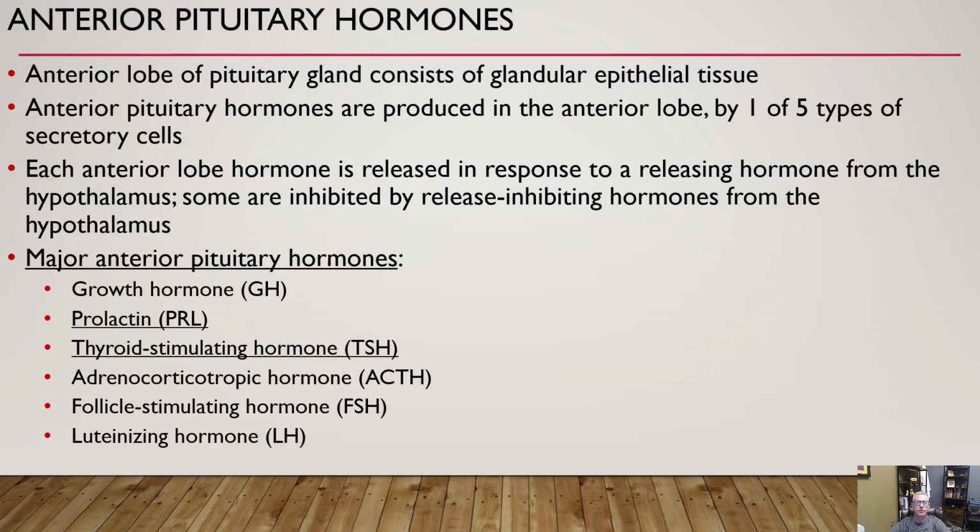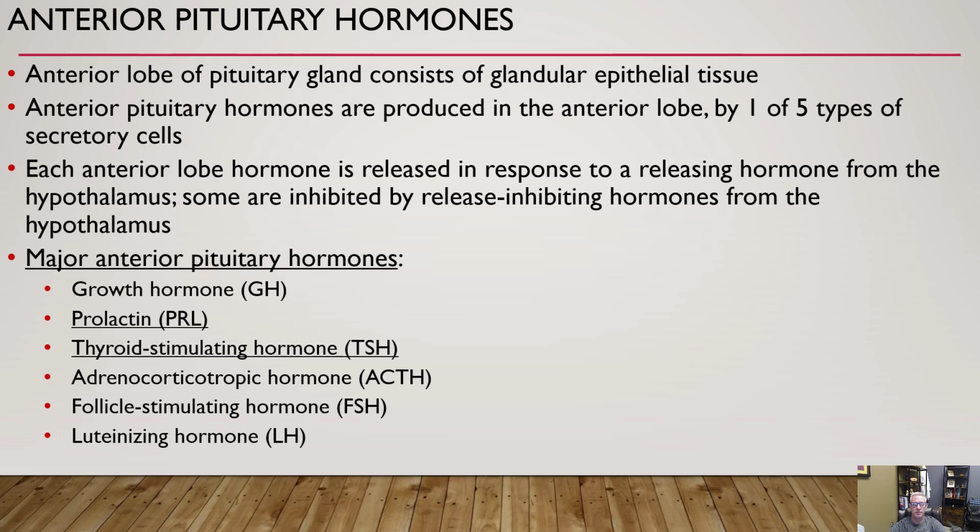All right, so some of your anterior pituitary hormones, remember, these are still controlled by the hypothalamus, but through releasing or inhibiting hormones. They are not directly stimulated by the nervous system. That's going to be the posterior side.